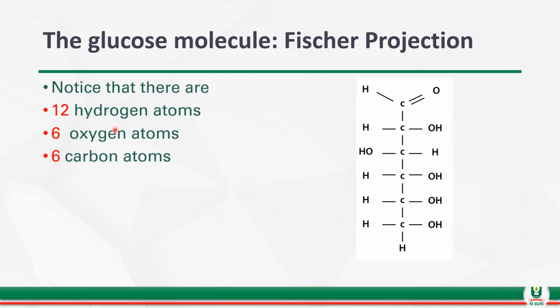By the time you count, you find that our formula C6H12O6 is well represented, and that is the glucose formula in the Fischer projection. So the next thing we will do now is learn how to draw the Haworth projection.